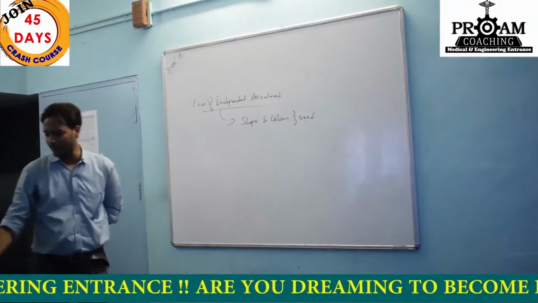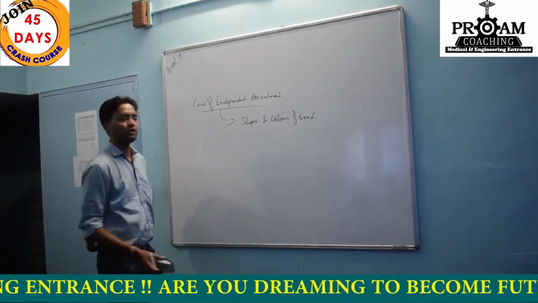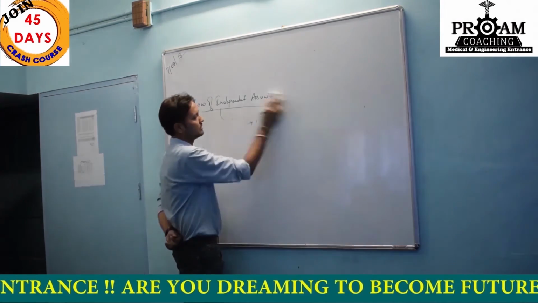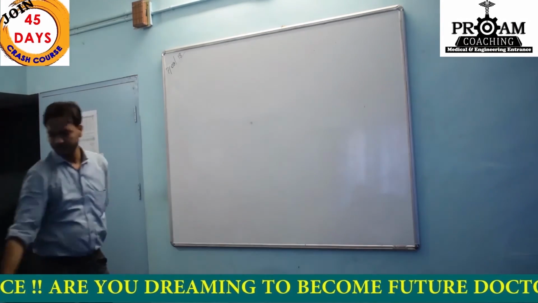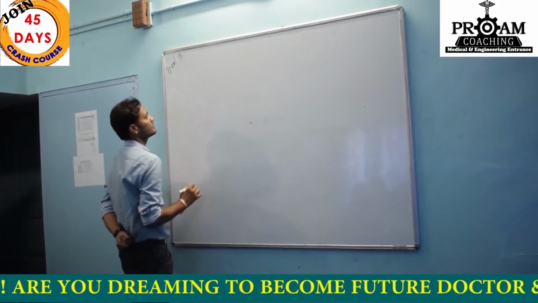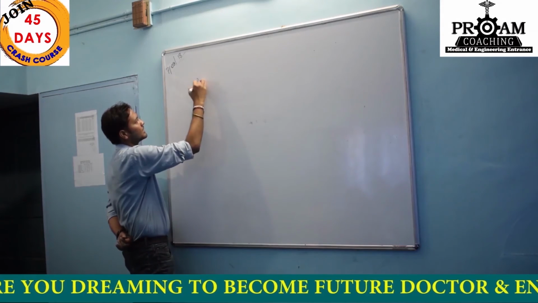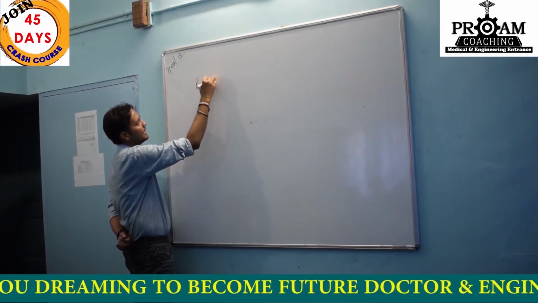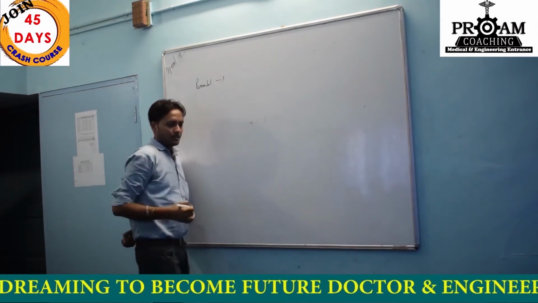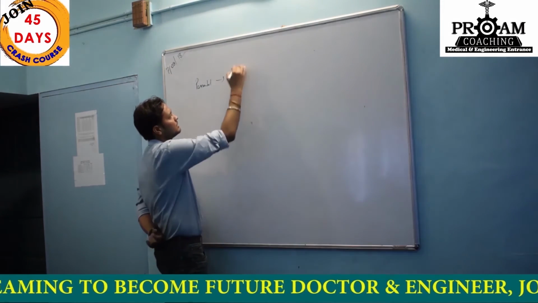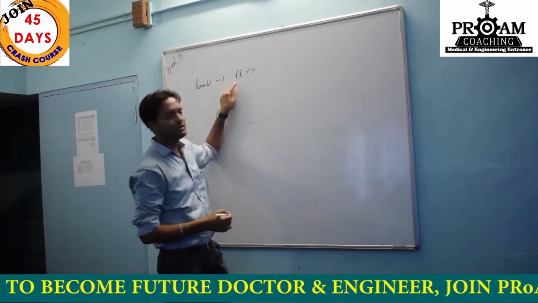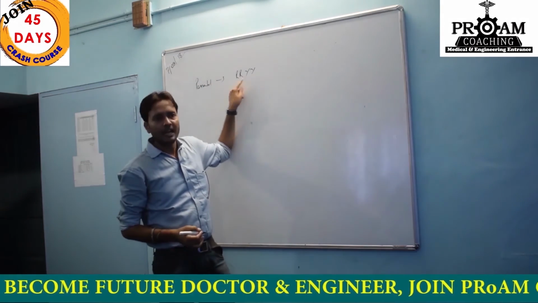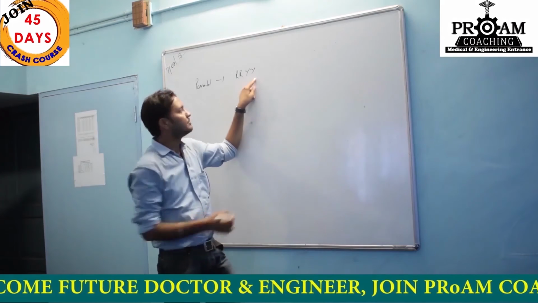So let's perform the experiment now, and we will find out the genotypic and phenotypic ratio. So शुरुआत कहां से करना है? Parental generation. So round, yellow. Round is the shape and yellow is the color.